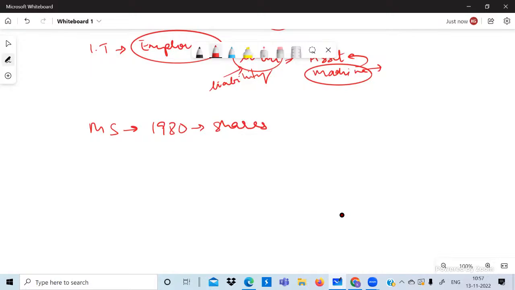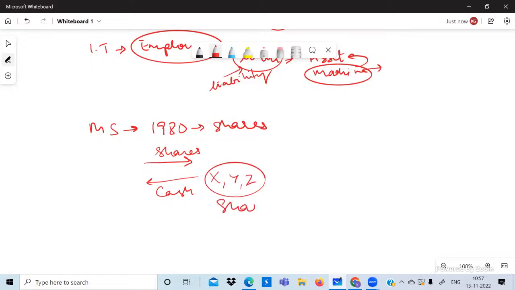I'll give you one share, and in return, you give me $5, $10, whatever was the amount that was fixed at that time. So the company will issue shares, and what they'll get is money from the investors. So people like you and me, let's say XYZ, we will invest money. We are known as shareholders, and we have given money to Microsoft. So this money that the company receives is known as share capital.